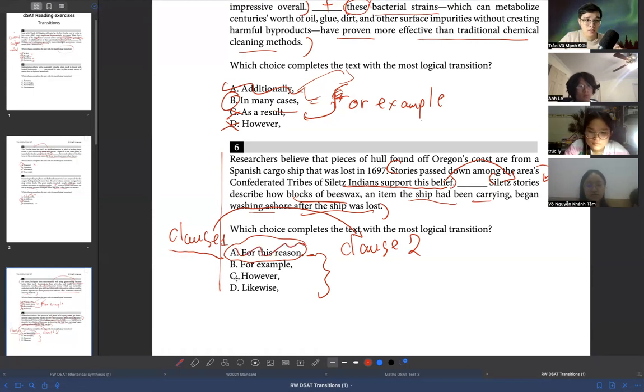"However" won't be correct either, because this is a plus and this is a minus. Likewise, how do you think about "likewise"? If I use clause 1 and clause 2, what is the relationship between these two?